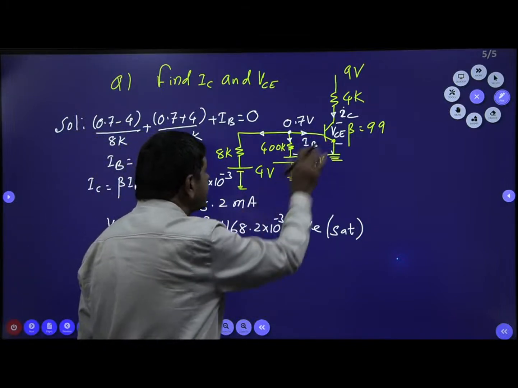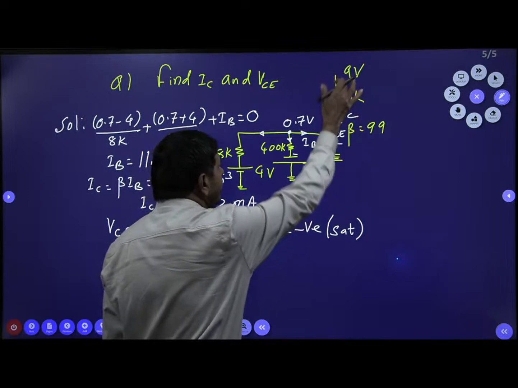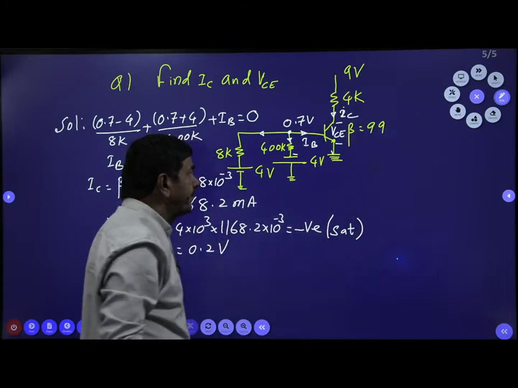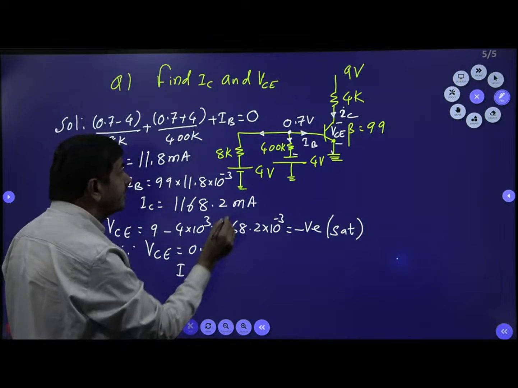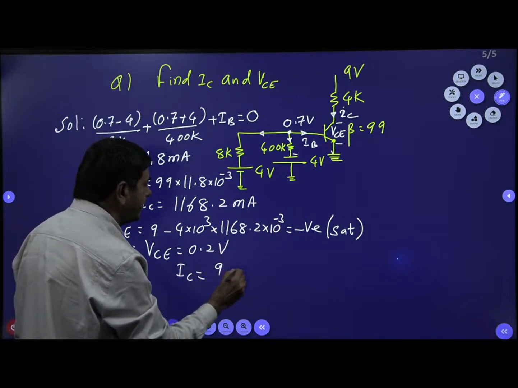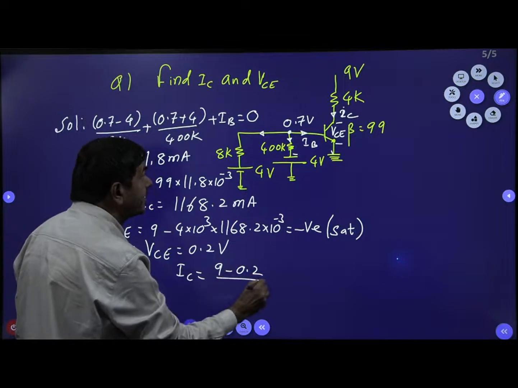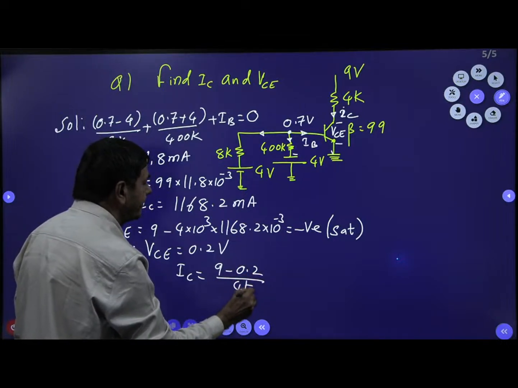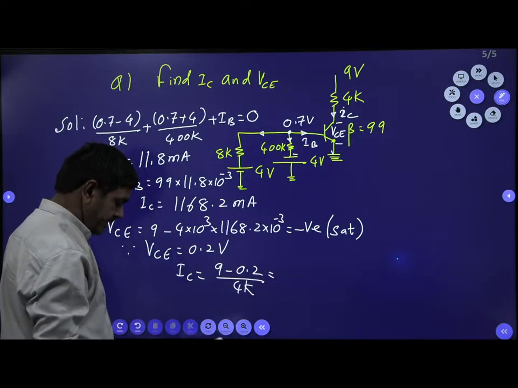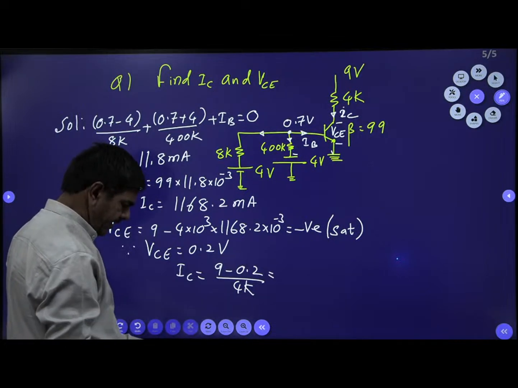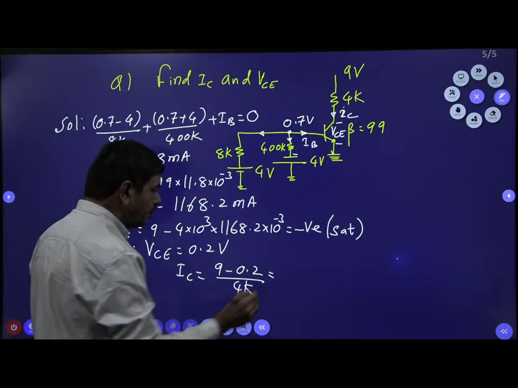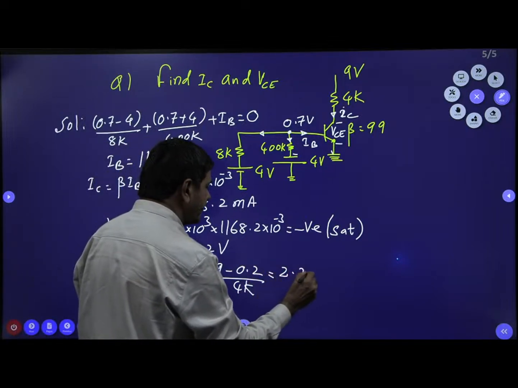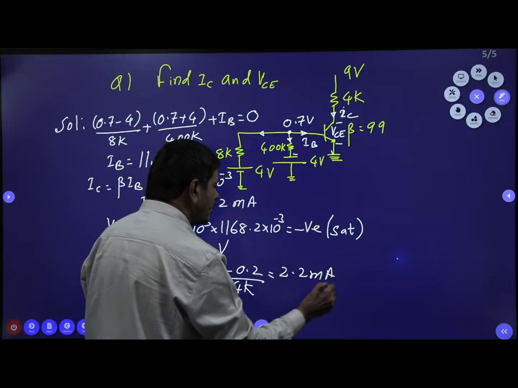After taking this VCE value, I can find IC as (9 minus 0.2) divided by 4K. Its value will be 2.2 milliamperes. This is the solution of this question.